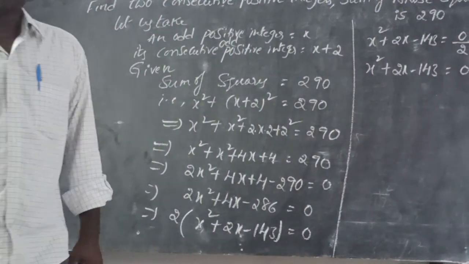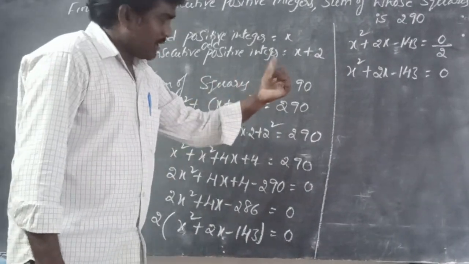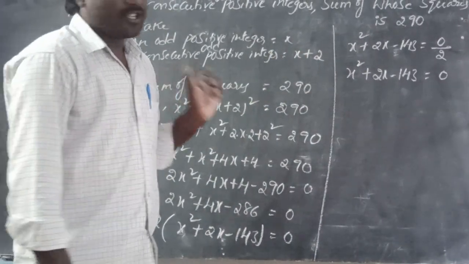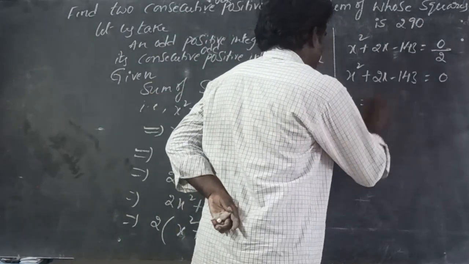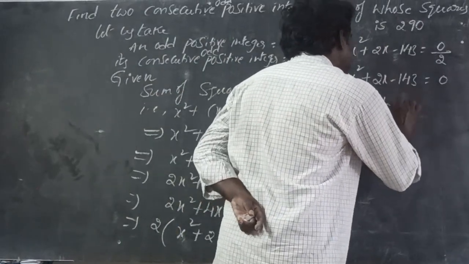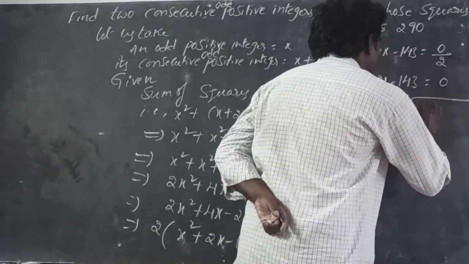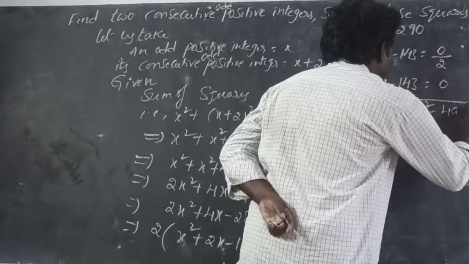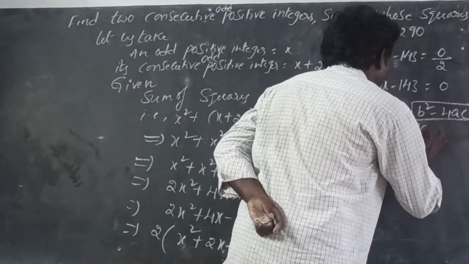Now find the roots by using the quadratic formula. So what is the formula? x is equal to minus b plus or minus square root of b square minus 4ac, by 2a.